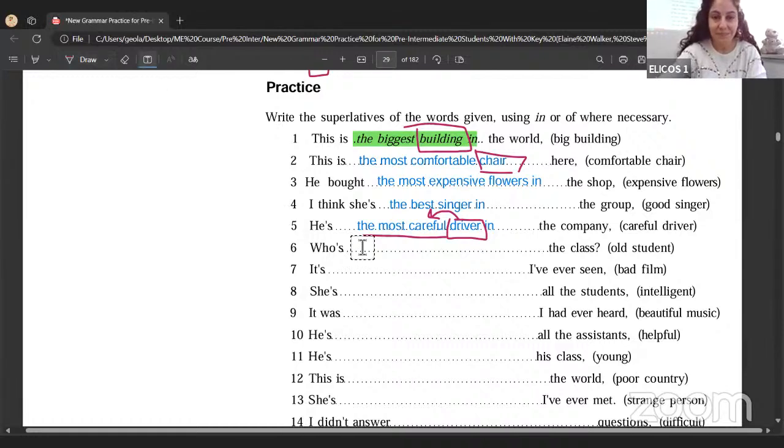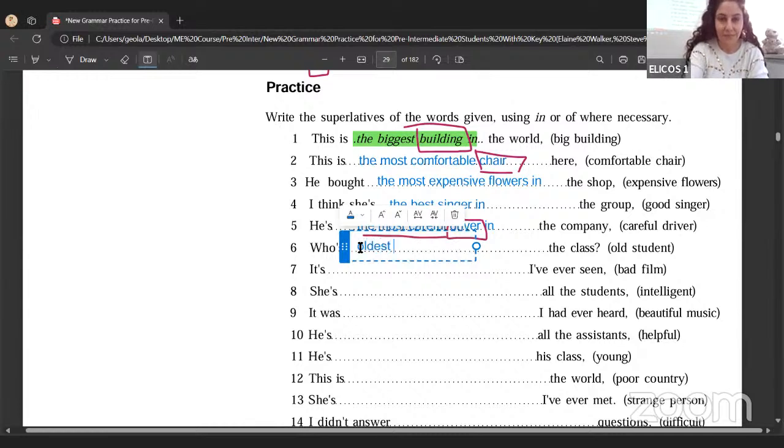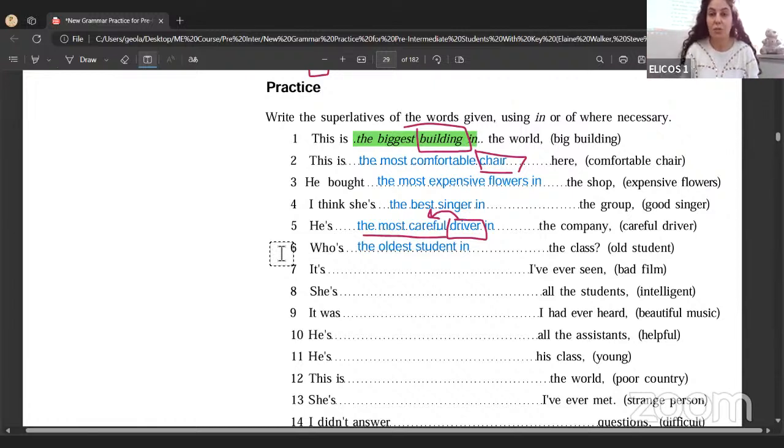6. Who is the oldest student in the class? Yes, so we say it the way it's written, who's the oldest student in the class? Good. So I could even ask a question with the superlative.